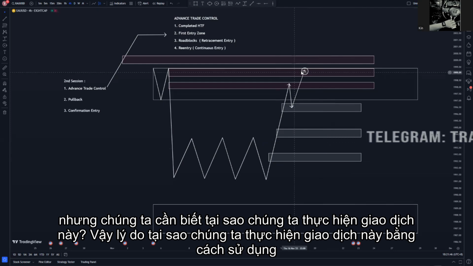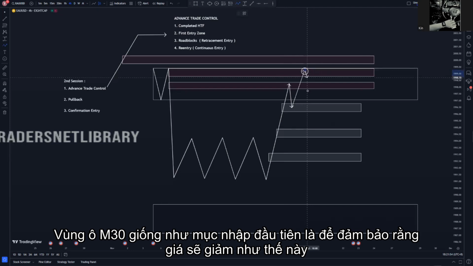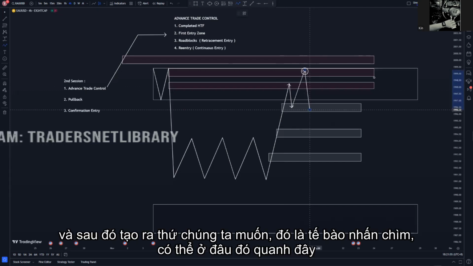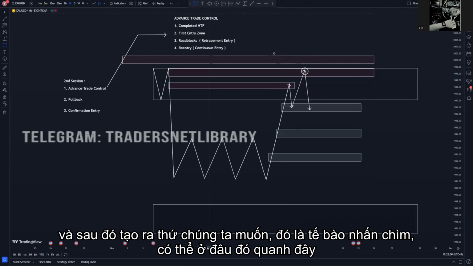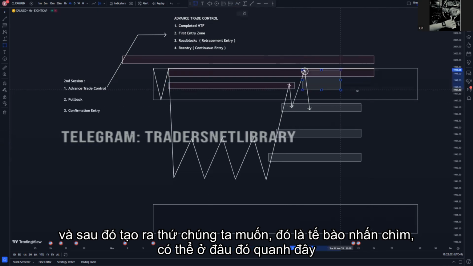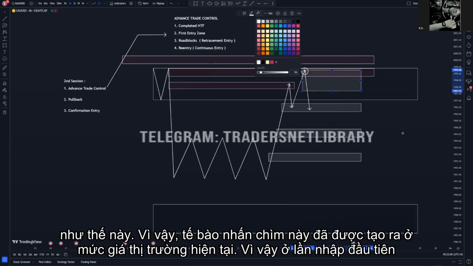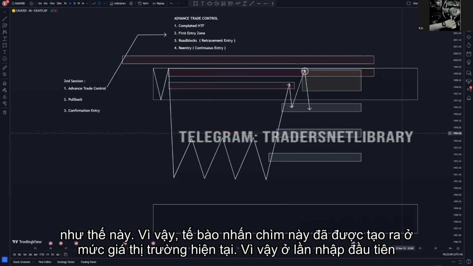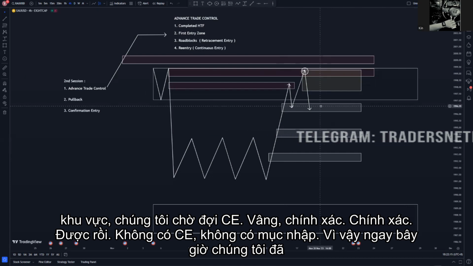The reason we take this trade using the M30 sell zone, like the first entry, is to make sure that the price is going to go down like this and then create the thing that we want, which is the engulfing sell, maybe somewhere around here. So this engulfing sell has been created at the current market price. So on the first entry zone, we wait for the CE. Yes, exactly. No CE, no entry.